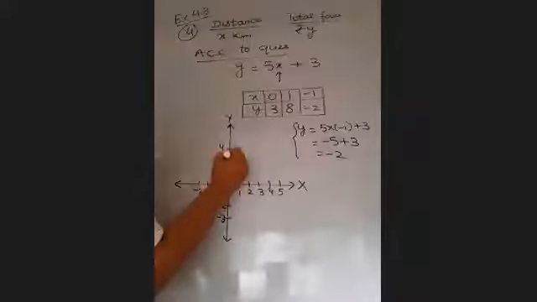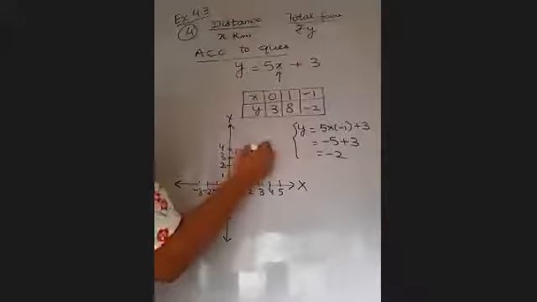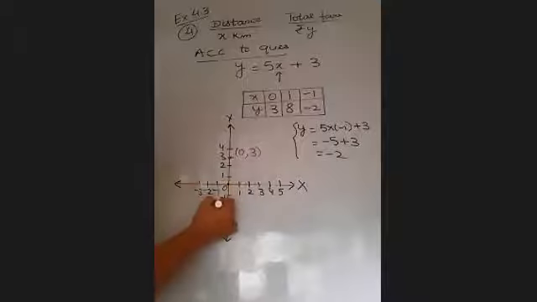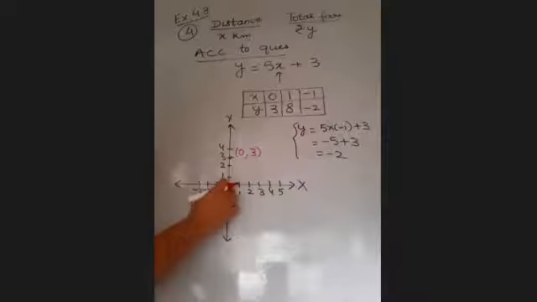Then we have the points: X 0, Y 3; X minus 1, Y minus 2; X 1, Y 8.